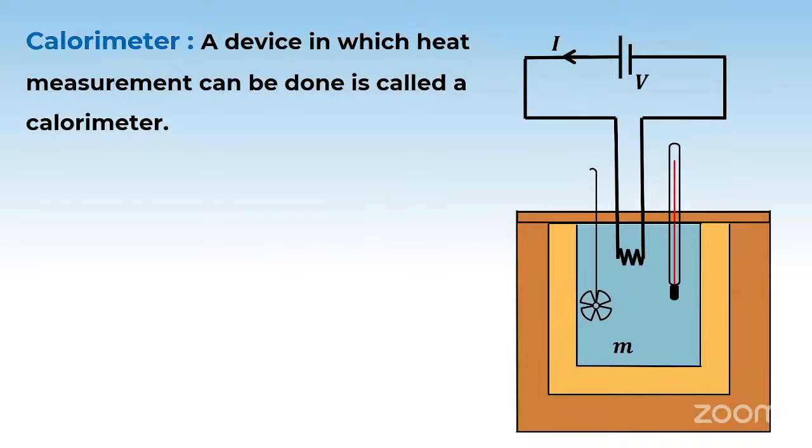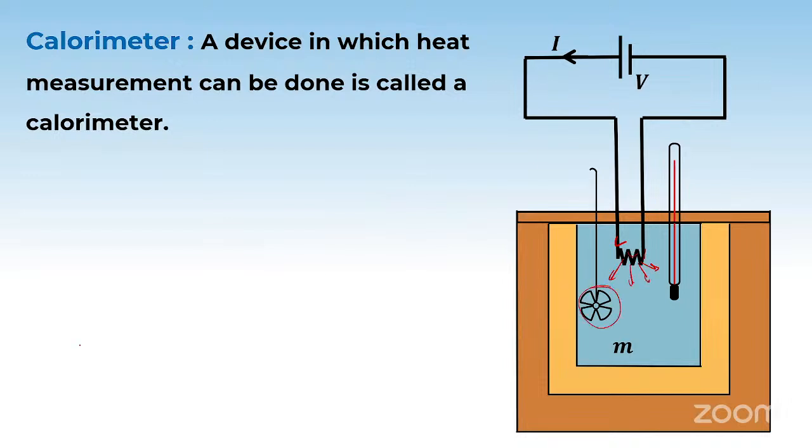Although this is not so much required, you can see here this is a circuit, and we have a resistance. When the current flows, there will be heat loss in the resistor. So the heat is provided to this particular liquid.